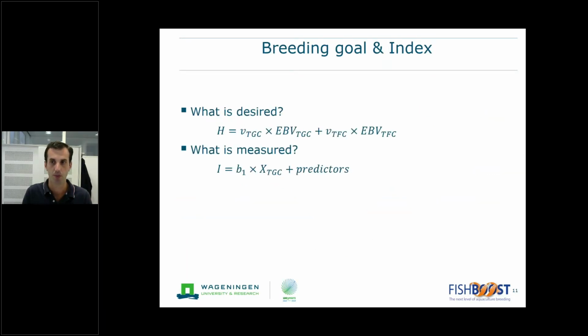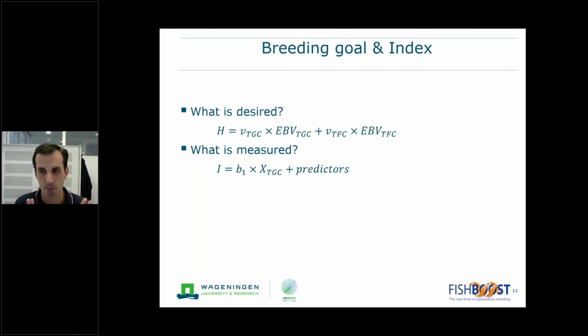But first, when we aim to improve these traits, we need to consider what traits do actually belong in the breeding goal and what belongs in the index. Because I think that often breeding companies put everything in the breeding goal. Everything that they record, they give an arbitrary weight, and they combine it into an overall objective.